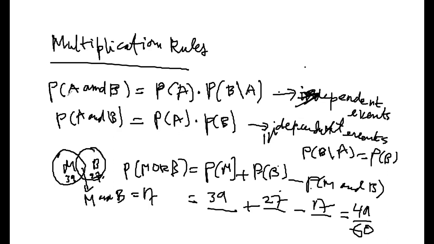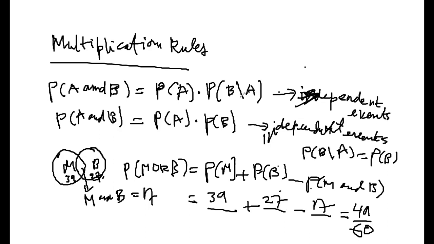You see, the probability of A and B equals the probability of A times the probability of B given that A occurred, right? So you're looking for the probability of B given that A occurred.